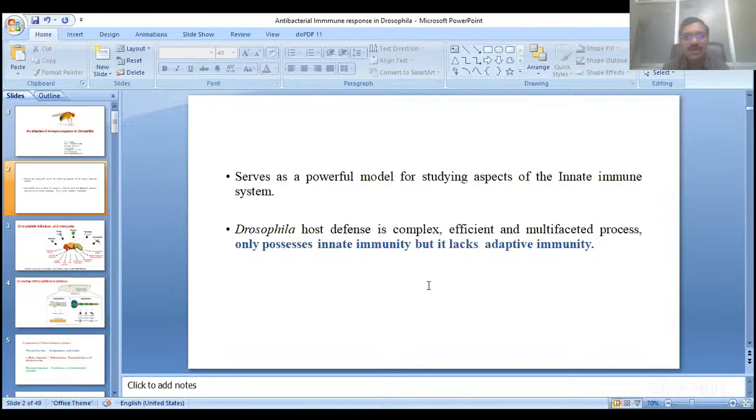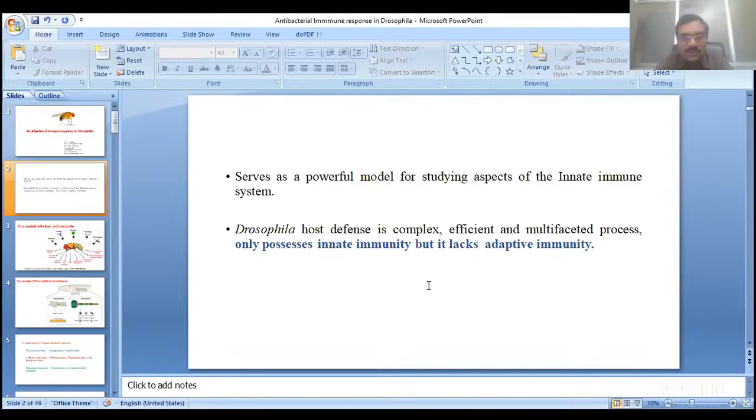Most importantly, around 75% of genes are shared by human beings and flies. And in 2011, scientists got the Nobel Prize in Physiology or Medicine for the innate immunity discovery, which was made in the fly as a model.